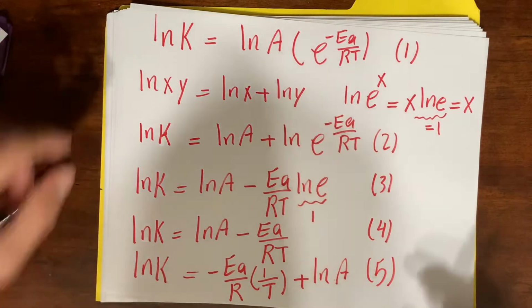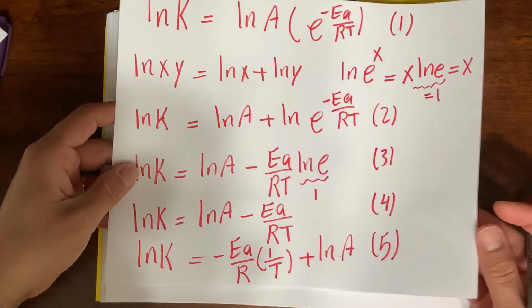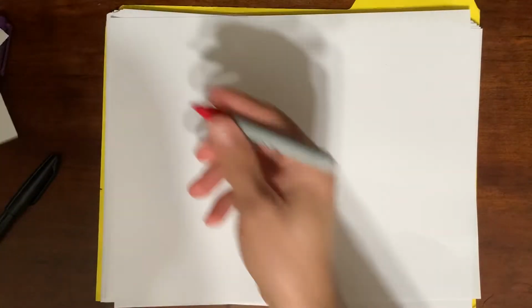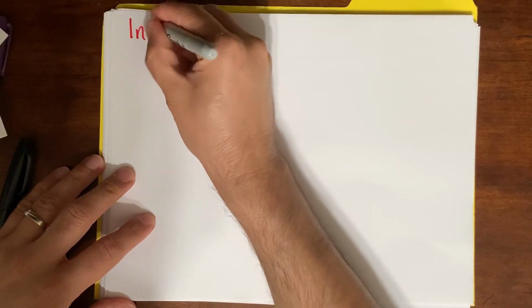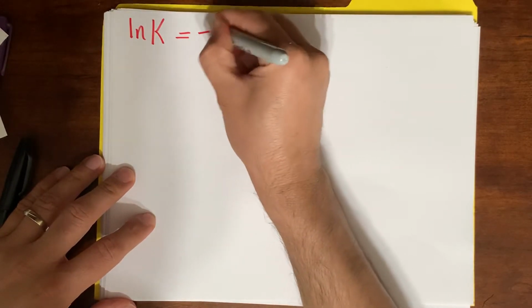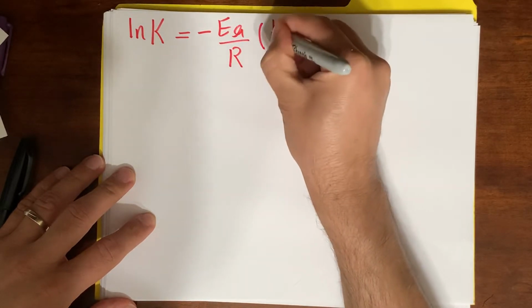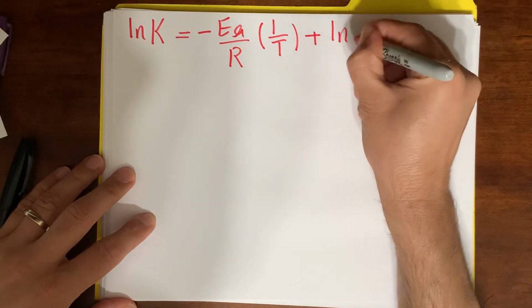Okay, so let's take the 5 and rewrite it. So 5 is ln of K equal to minus EA over R times 1 over T plus ln of A.